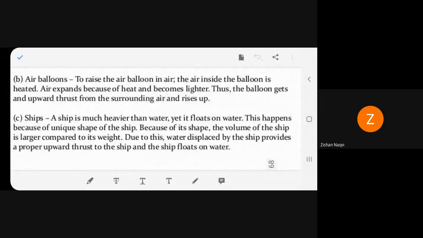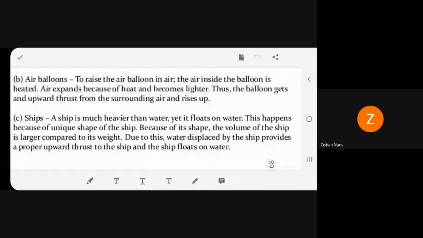Understood? Can you explain this? You know what an air balloon is? We use it for weather forecasting. The air is heated, so the balloon becomes lighter, and then the balloon gets an upward thrust from the surrounding air and rises up.